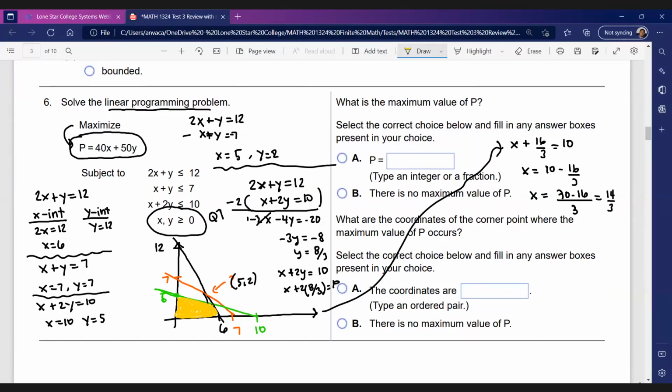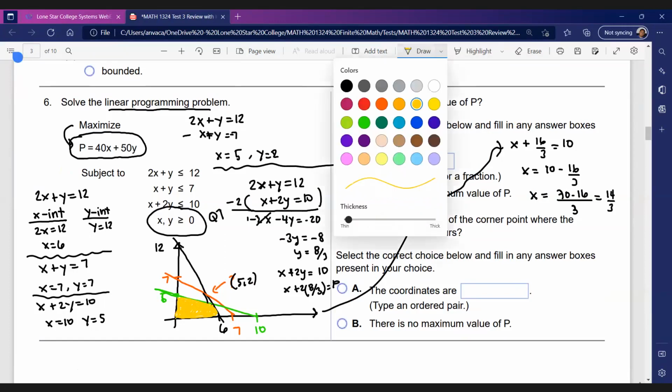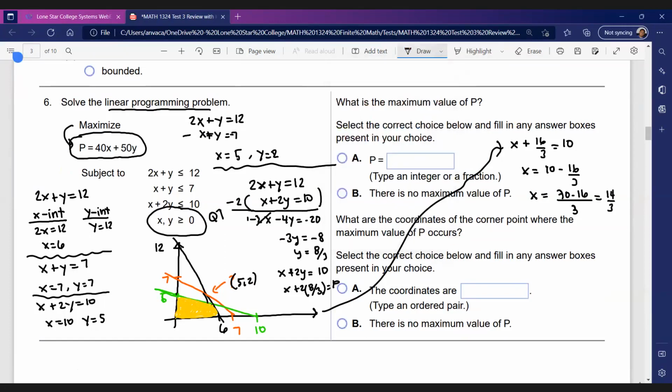So in a linear programming example, only one of the corner points will maximize or minimize the objective function. Okay. So in this particular case, this region that we created has 4 corner points.